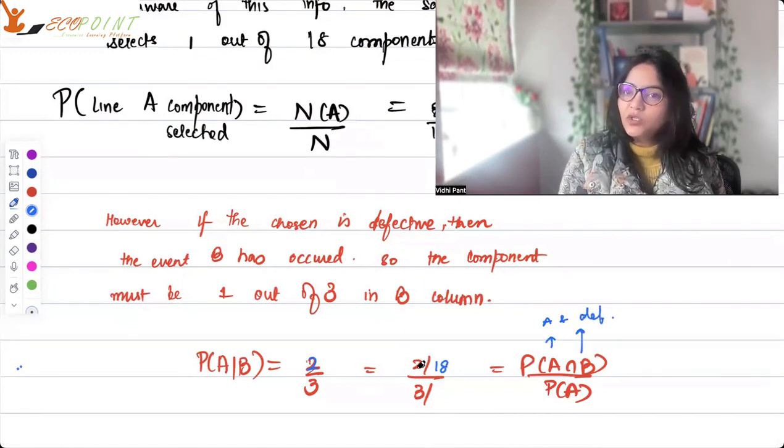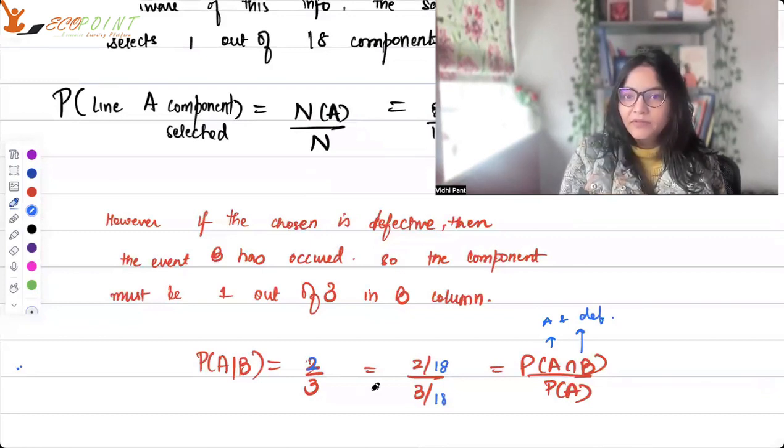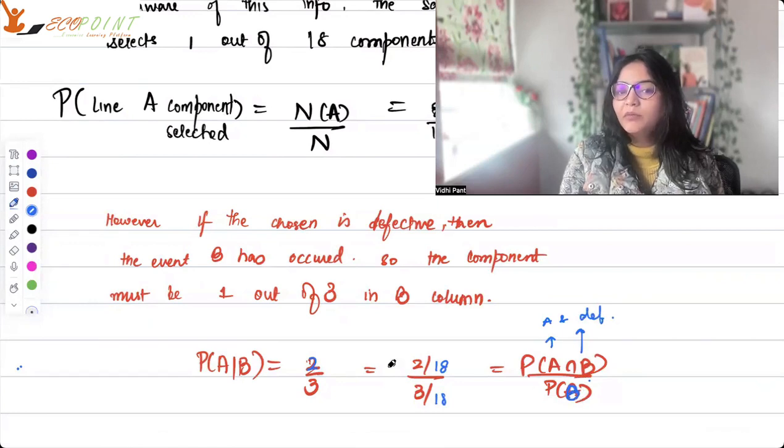So there are two such components out of all the 18. Similarly, this 3 can be expressed as 3 by 18. It is the total defective out of the 18. It is basically 3 defective out of 18. So probability of A intersection B is the numerator, and the denominator is probability B, probability of defective.